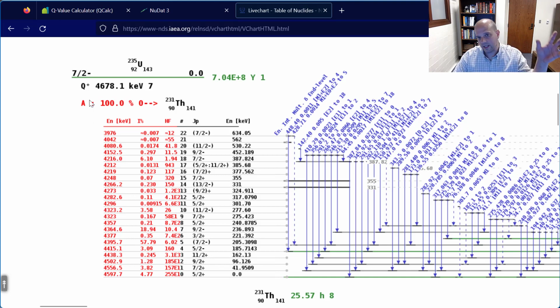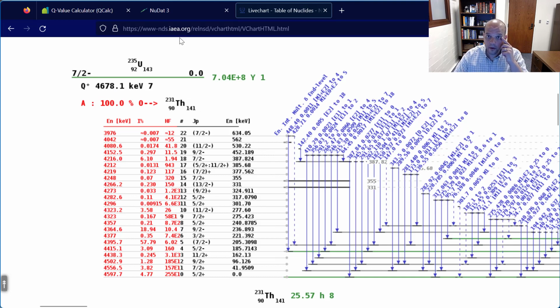But yes, it's an alpha decay, and yes, it's always going to be thorium-231 in the ground state, and that 4.68 MeV represents the full transition from a ground state U-235 to a ground state thorium-231. But we can see that the energy levels in many cases are going to be done in steps. So eventually, yes, we're going to get to that 4.7 MeV, but it's going to be in steps along the way.